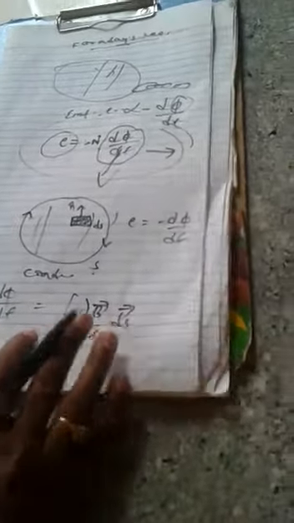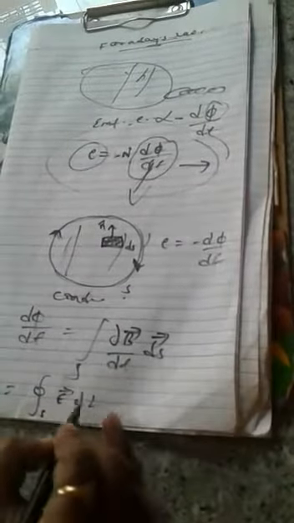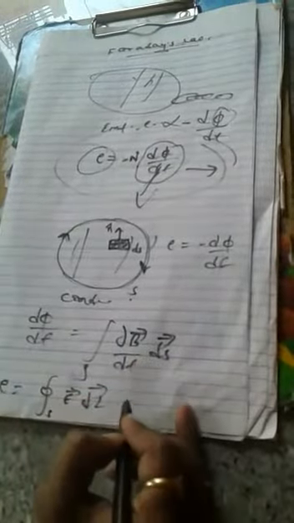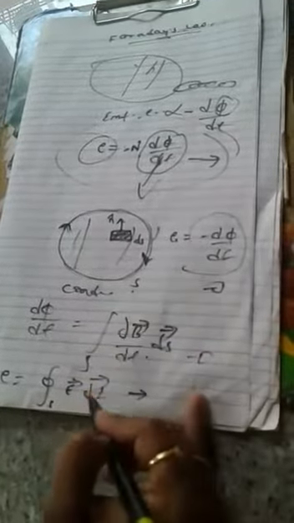The EMF along this closed loop is given by E equal to the integral of the electric field along the element of length dl. Comparing these equations, we can write the closed integral of E dot dl equal to minus the surface integral of dB by dt dot ds.